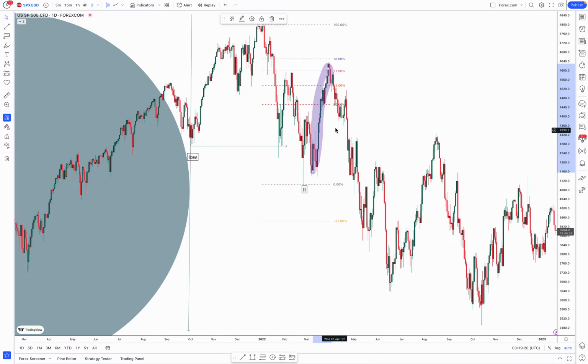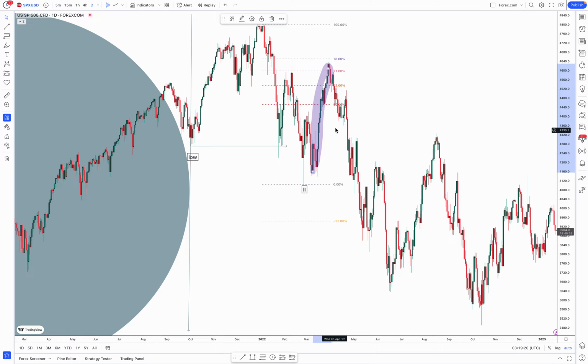So we use the Fibonacci from there to there. The retracement hasn't come all the way up to 50% or beyond and went down. It went just a tiny bit below that area. So we're not going to consider that as a valid lower high.